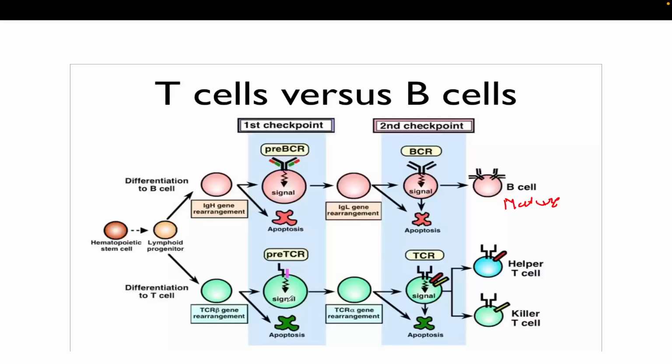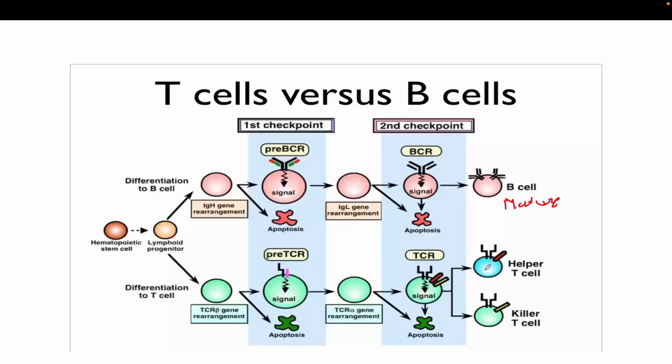If it does not get this type of signal, it will go for apoptosis. Then finally, when it is converted into the mature T cell, the alpha gene rearrangement will take place. In the double positive stage, there will be TCR as well as CD3, and the CD4 and CD8 cell surface markers will also be there.